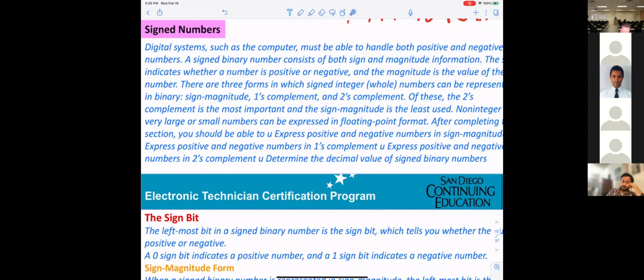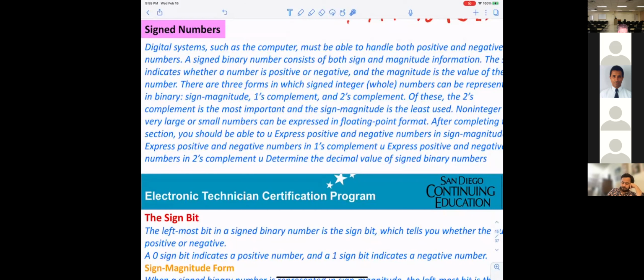Let's see what they said here. Digital systems such as computers must be able to handle both positive and negative numbers. A signed binary number consists of both sign and magnitude information. The sign indicates whether a number is positive or negative, and the magnitude is the value of the number.